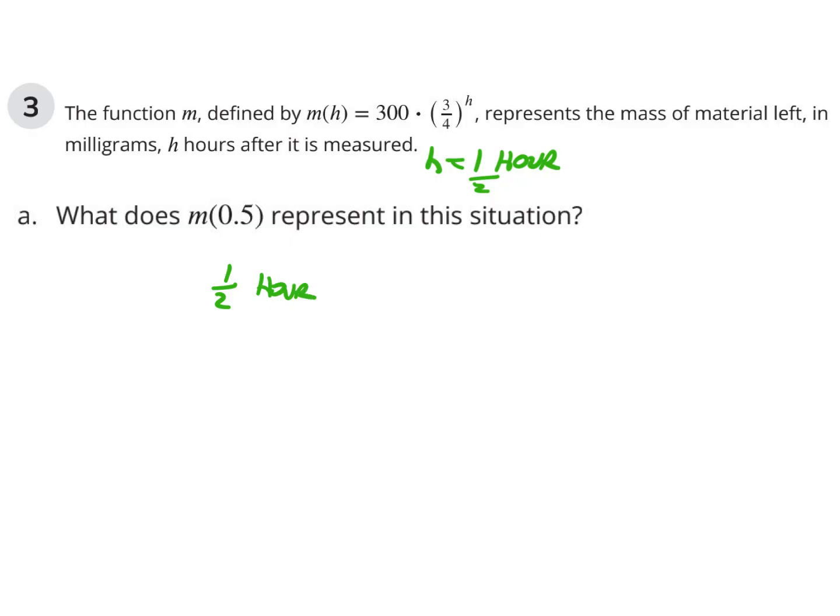So now what I'm going to do is rewrite the equation, 300 times 3/4 to the H over 2, and I can calculate what the actual amount is in 1/2 hour when I do this.